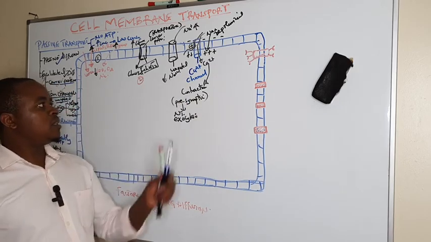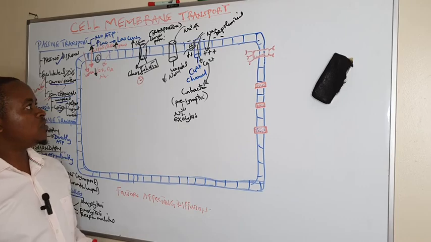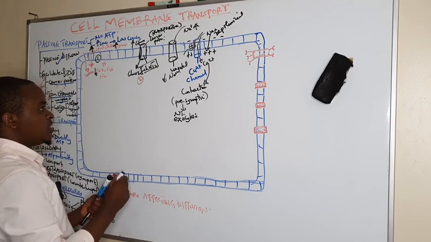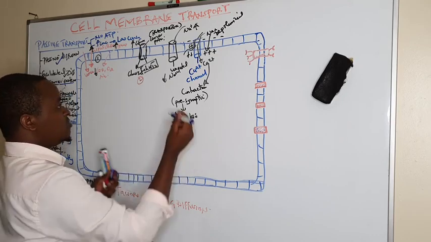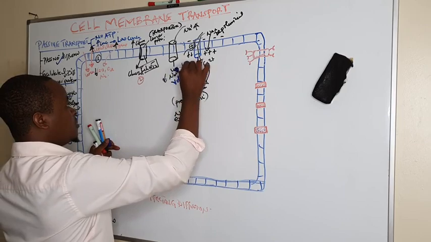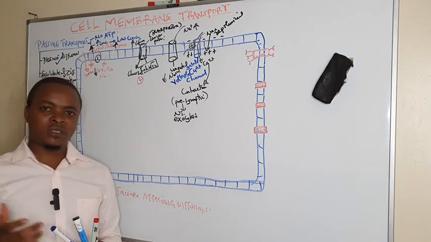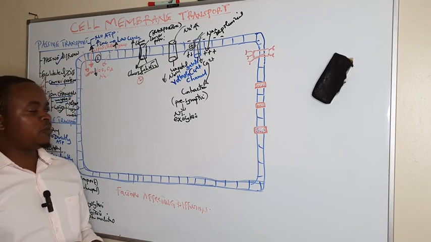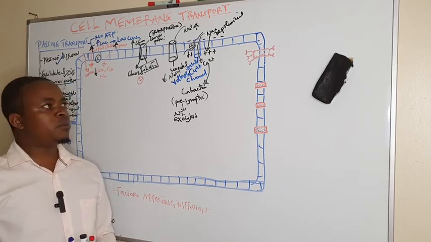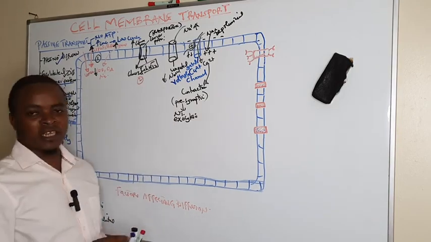So these are voltage gated calcium channels, which enable release of neurotransmitters from the presynaptic neurons, hence enabling propagation of an action potential or cellular response. So this is one example of the gated type.